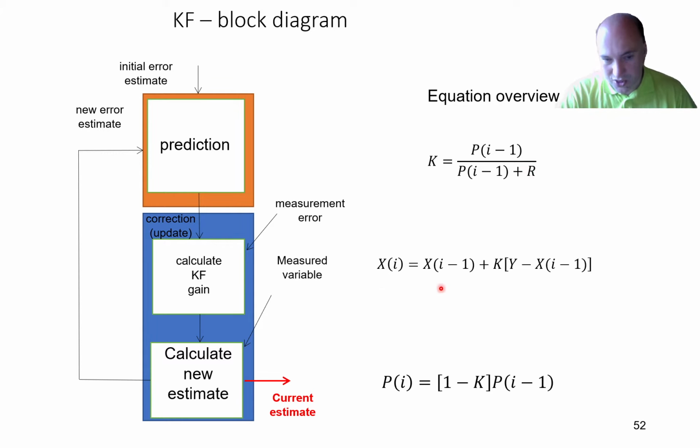This is the equation that's the most important one. This equation calculates the new estimate of my variable. My variable x depends on the previous state, which was in step x minus 1, and then it depends on the difference between the measured variable, which is shown here as y, and the previous state.